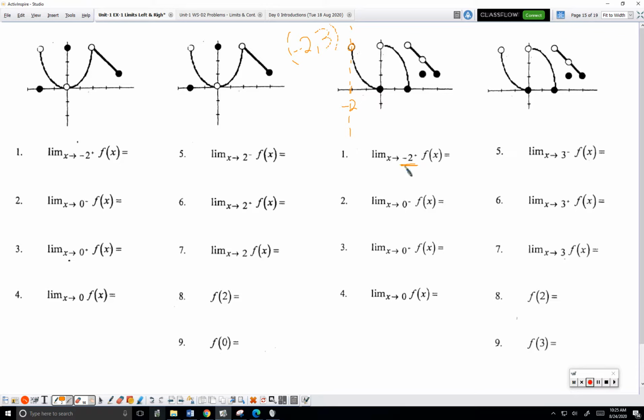To answer this, I have to look at a different point. I can't actually see the point because there's an infinite number of them. But I pretend that I'm at a point whose x-coordinate is a little bit positive of -2. So here's exactly -2. So a little bit positive of -2 is kind of there. So I'm looking at this dot. That dot is at exactly a little bit positive of -2. And it's just a little bit below 3.